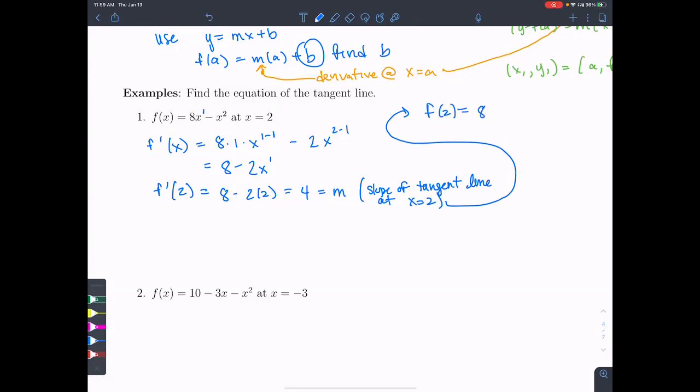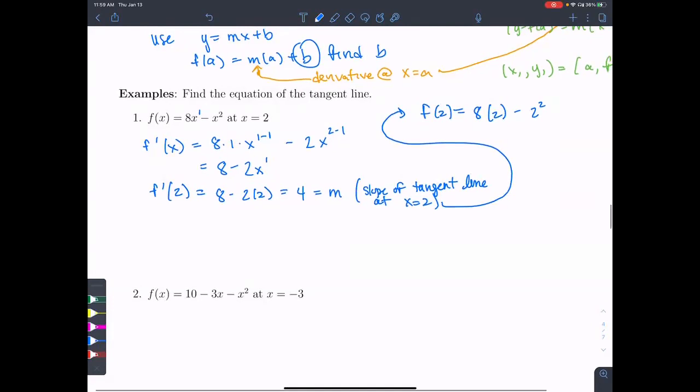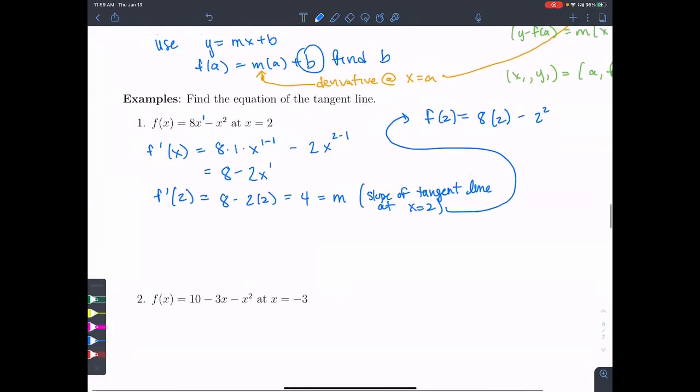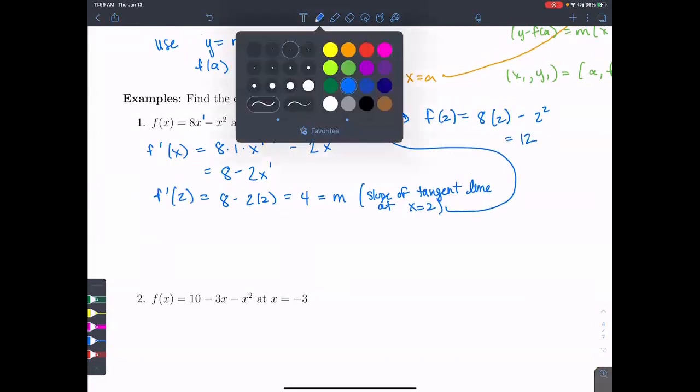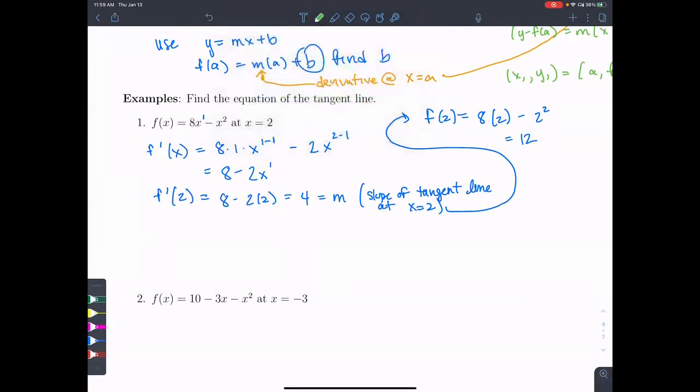It's 8 times 2 minus 2 squared, going back into the original equation. That is 16 minus 4, which is 12. So our ordered pair a, f of a is equal to 2, 12, and m is 4.